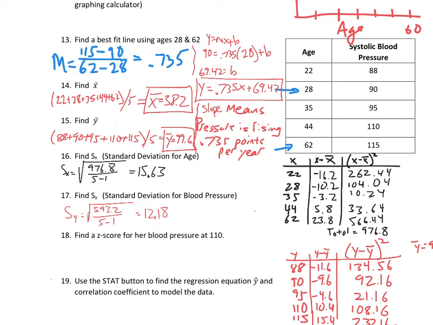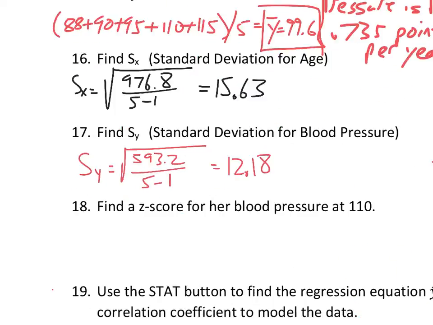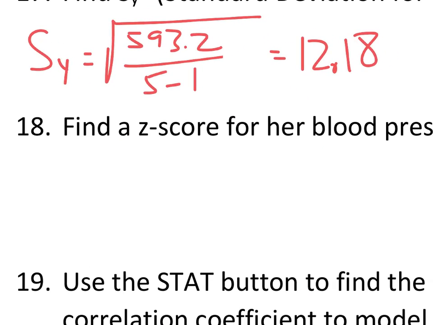Okay, all right, cruising along, we need the z-score for a blood pressure of 110. So remember our z-score. The formula for z would be, we're going to take that variable y, subtract the mean, and divide it by the standard deviation.